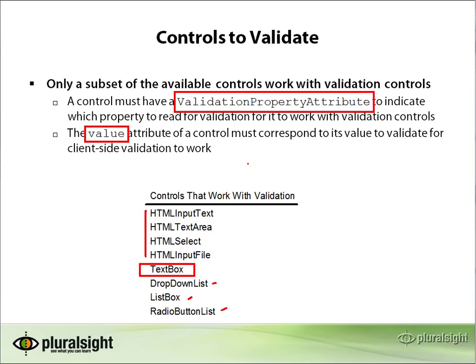And you'll notice that there is a control that doesn't have these two properties, either server-side or client-side, and is therefore not listed down here, and that is the checkbox control. So unfortunately, the checkbox did not fit into the control validation model, so there is no support out of the box for validating checkboxes.